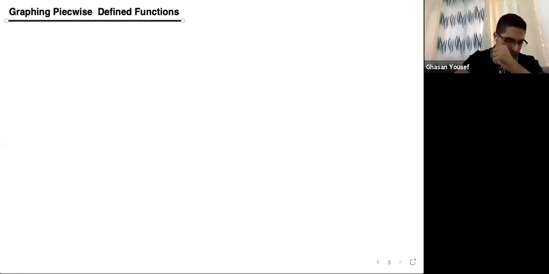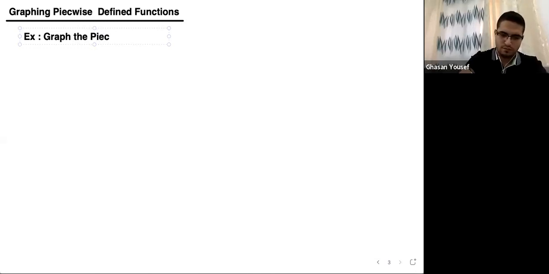Okay, so I'm going to start talking about this function by example. Example: graph the piecewise function defined below.